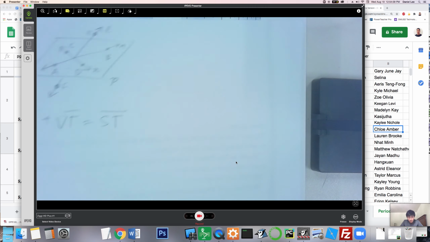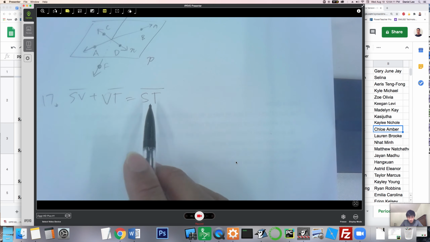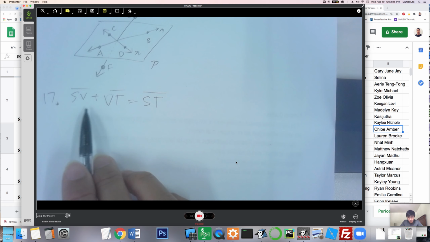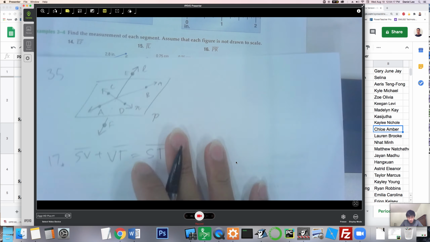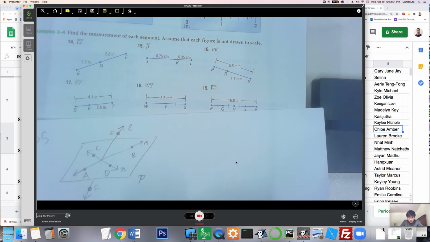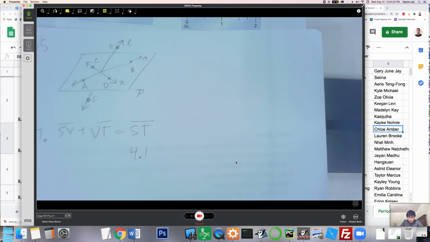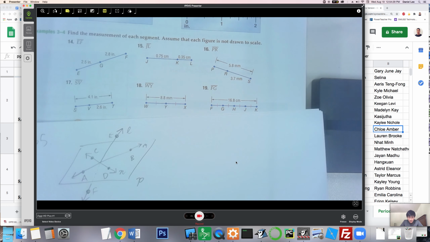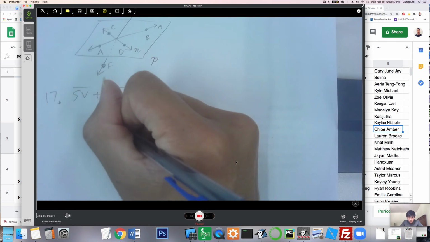Yes, the big one is ST. Okay, so the entire segment is composed of the addition of the two parts. Okay, and then we know a couple of these values. So ST is 4.1, so I could plug that in, 4.1 right there, right? And then VT is 2.6, so I could plug that guy in right here.